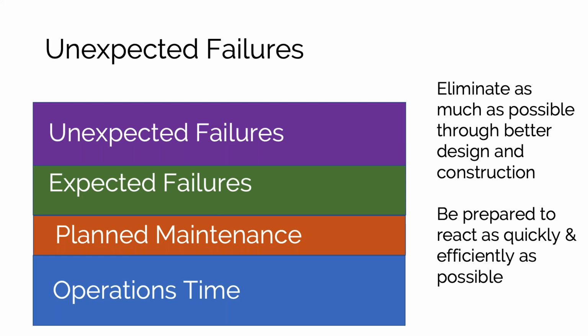So if you start observing unexpected failures, they can actually move from unexpected to expected. So if you see the same type of unexpected failure happening several times, it would probably change to an expected failure. You can also try to say, well, if this thing happened, is there a better way to have designed or operated or maintained or something else so that this particular thing wouldn't fail?